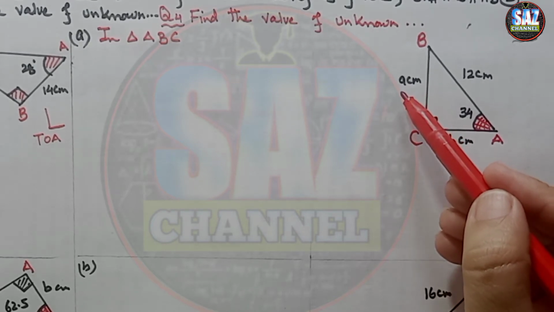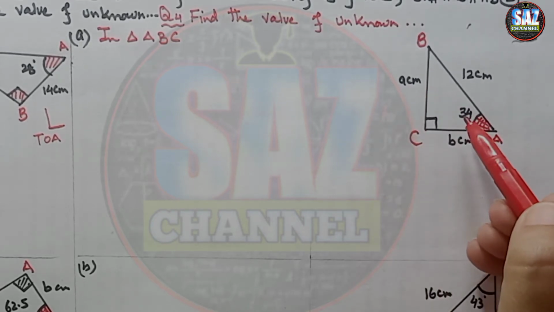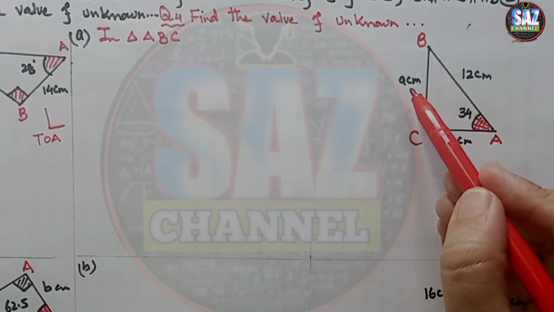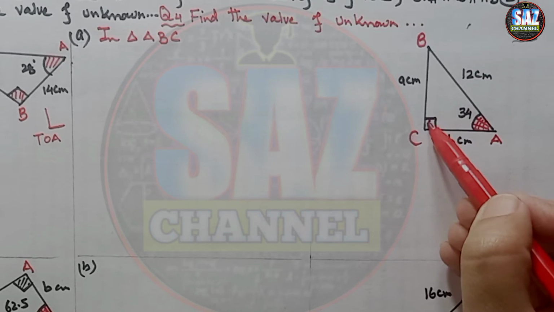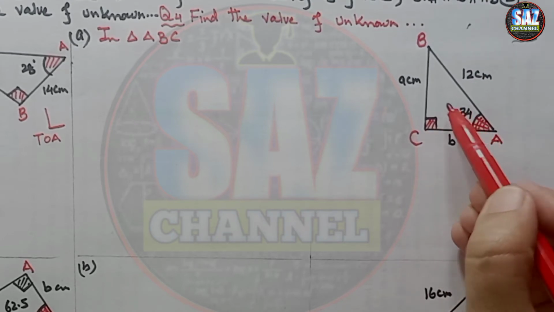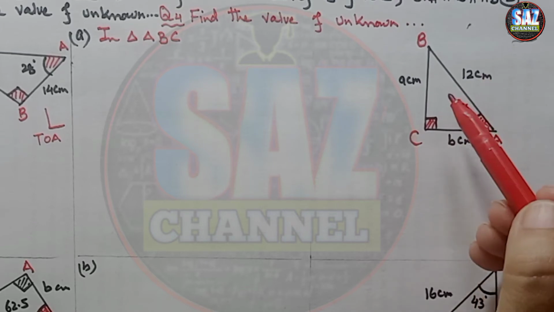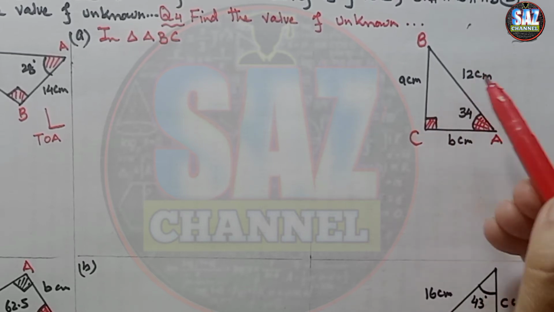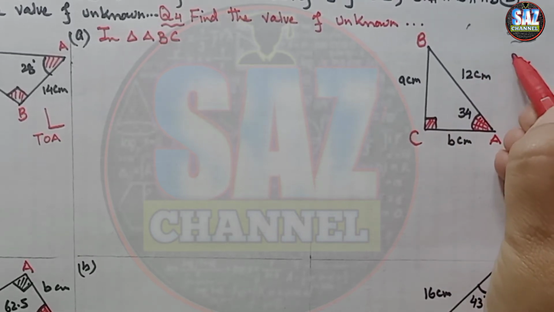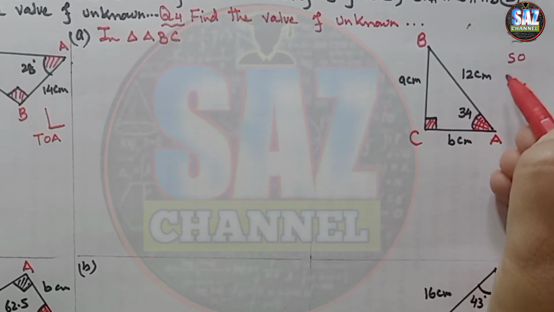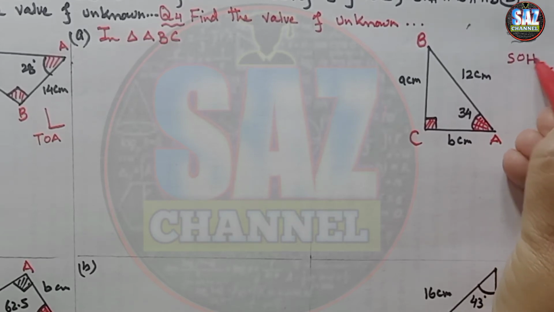We have to decide that with the reference of the 34 degrees angle, what is A and what is 12. With the reference of the 34 degree angle, A is opposite and 12 is hypotenuse. I hope you know that opposite and hypotenuse involve trigonometric ratio sine.